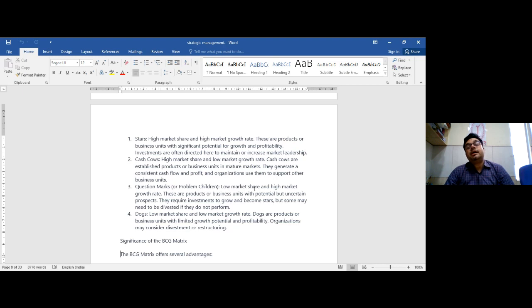So let's say a company like ITC or Unilever, which has many products under its belt. Those products which won't show much potential, organizations can get rid of them. That is also one more purpose for which these portfolio analysis and BCG matrix concepts can be utilized.